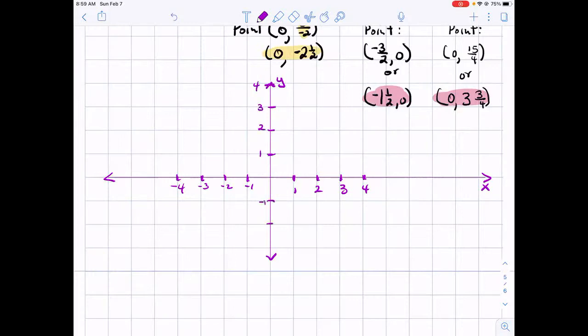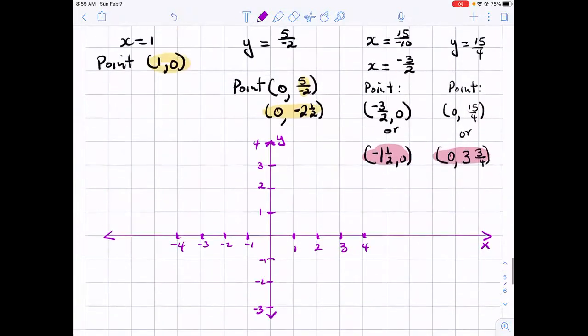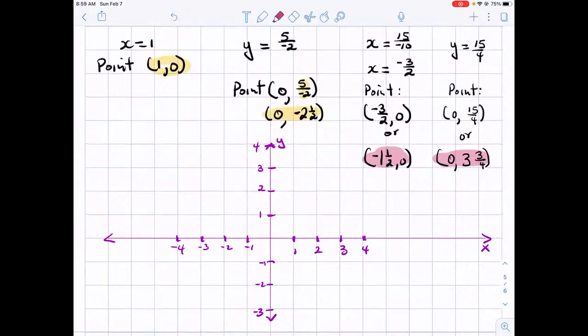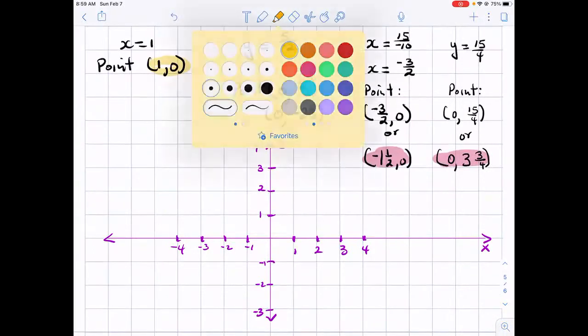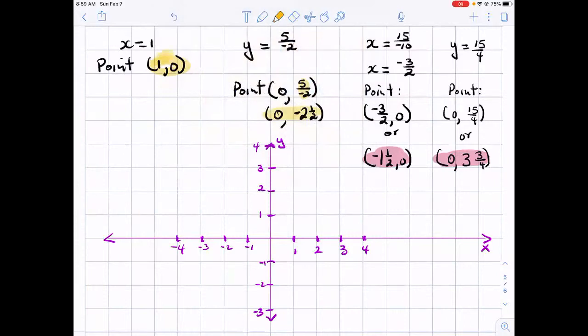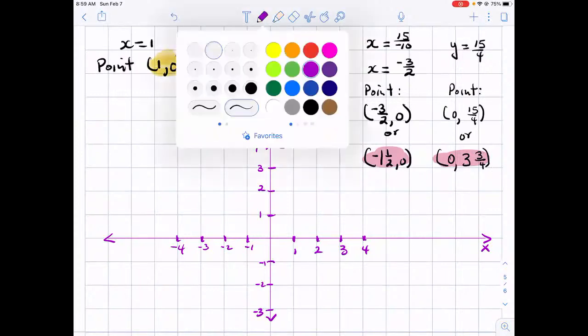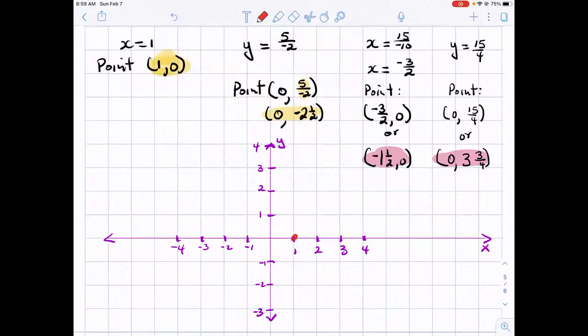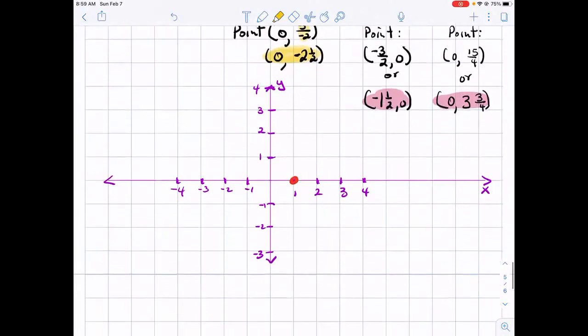We have -1, -2, -3 here. So the first point I want to plot is this point here. We want to make sure that this point is plotted. x is 1, y is 0. The second point I want to plot is x is 0, y is -2.5.